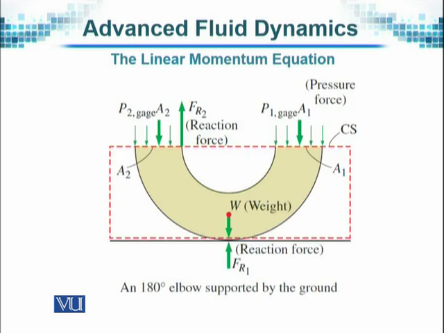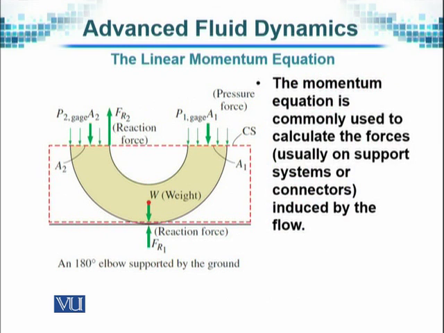This picture, in the form of a small elbow, shows what kind of forces are acting at different places. So there is gravitational force, the reaction force, atmospheric pressure, there is P1, there is P2, or gauge pressure if we level out the atmospheric pressure, but in a fluid flow situation, when the fluid is flowing and distances are different, it can change.